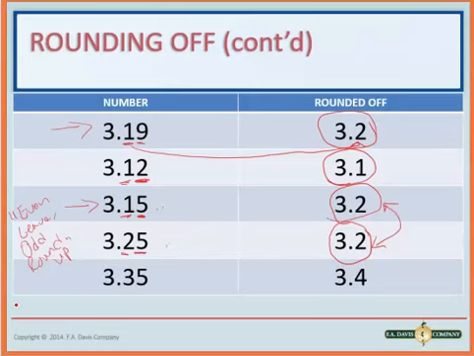We had an odd in front here, and we had an even in front here. Okay, all right, we have another situation where we have a 5 at the end. Guess what? Is 3 even or odd? It's odd. So guess what we can do? We can round up. So we end up with 3.4.